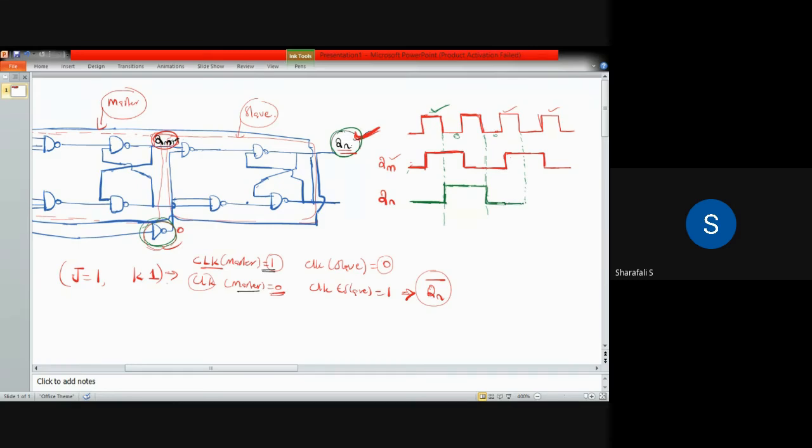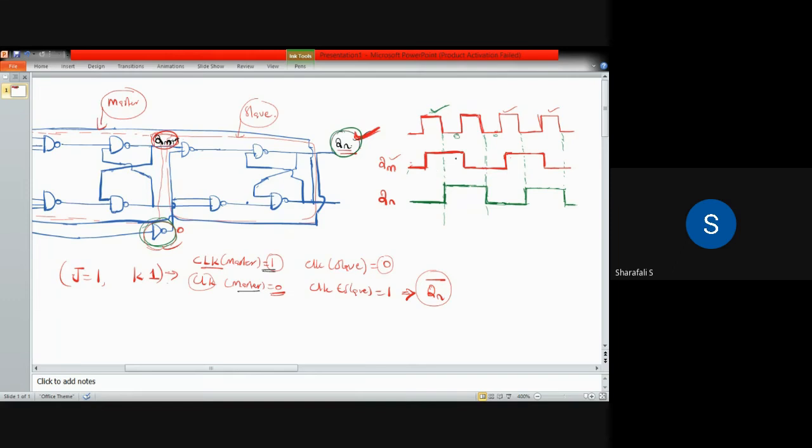So this will be continuing 0, and then it will go to high state and continue in the state 1 until the next 0 of your clock pulse. So it will be like this. So this is the pulse diagram for these outputs QM and QN for the case of master slave JK flip flop.